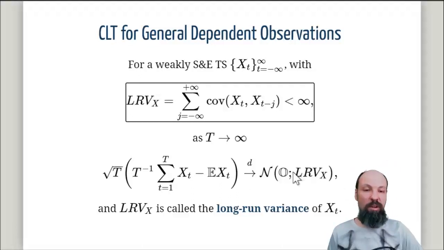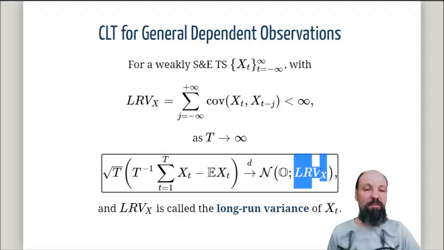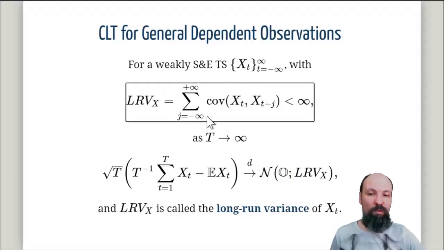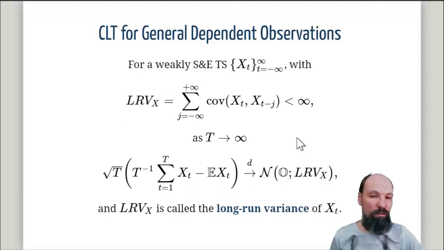So this long-run variance is something that exists for stationary time series. Unfortunately, it involves, again, an infinite summation, and of course we don't know it for sure for the processes, especially when we don't observe the process directly in the data.